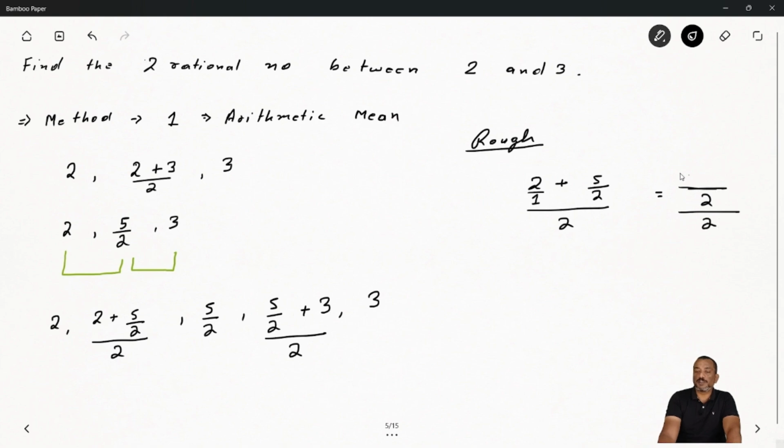So here 2 divided by 1 is 2, and 2 will multiply, so you will get 4 plus 5, which means you will get 9, and this 2 will come here. So you will get 9 over 2 times 2, which is 9 over 4. That is between 2 and 5 over 2.